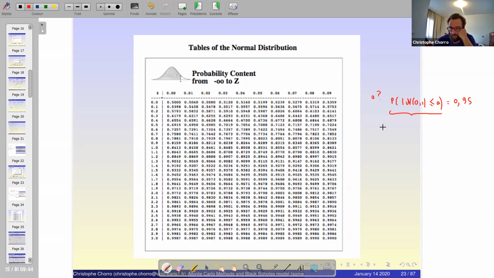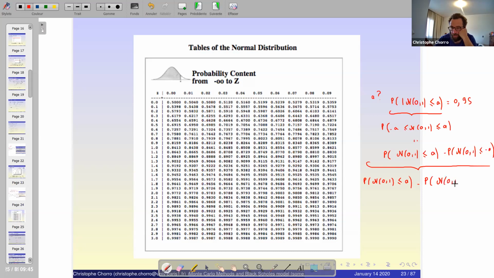What is this? It's the probability that my N(0,1) is less than A and greater than minus A. I can write it as the probability that my N(0,1) is less than A minus the probability that my N(0,1) is less than minus A. By symmetry of the density of N(0,1), I obtain the probability that my N(0,1) is less than A minus the probability that my N(0,1) is greater than A. This is equal to 1 minus the probability to be less.